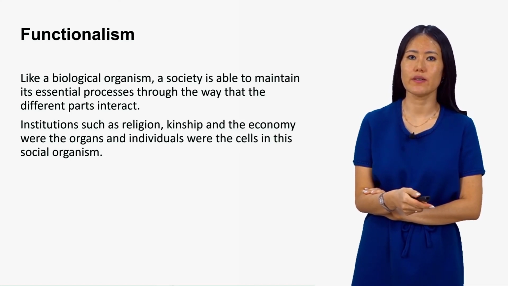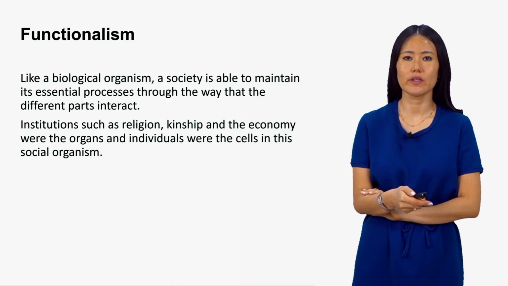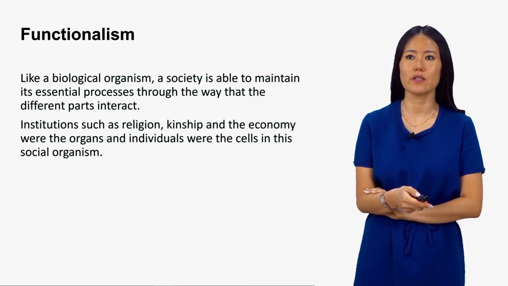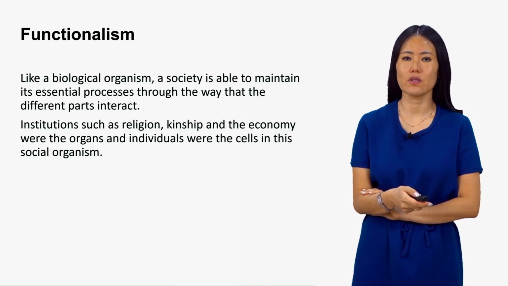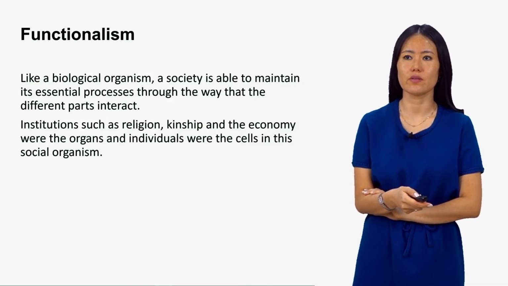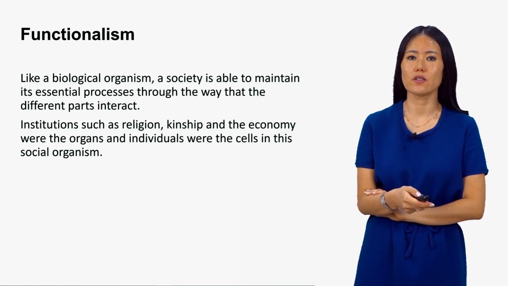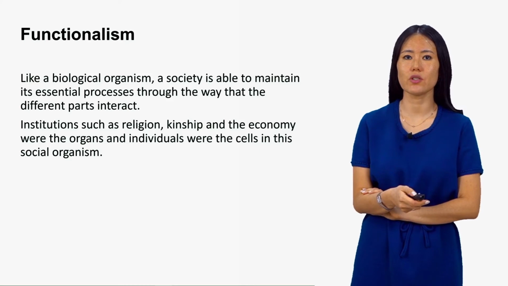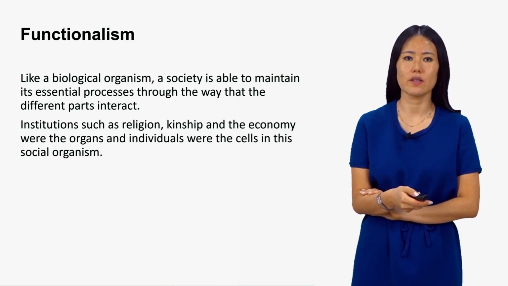They say that, like a biological organism, a society is able to maintain its essential processes through the way that the different parts interact. Different institutions such as religion, kinship, and the economy were the organs, and individuals were the cells in this social organism.